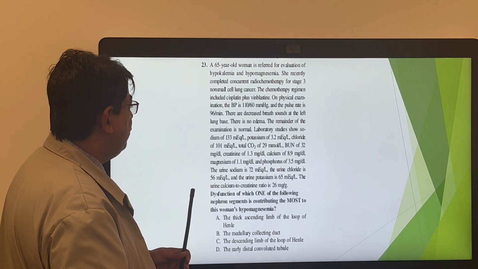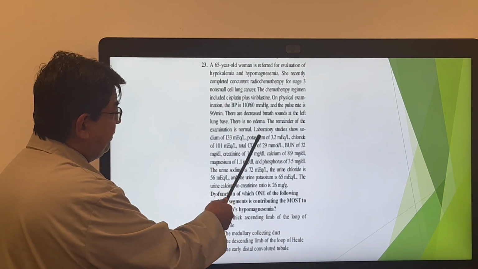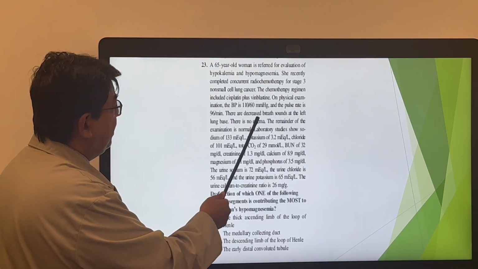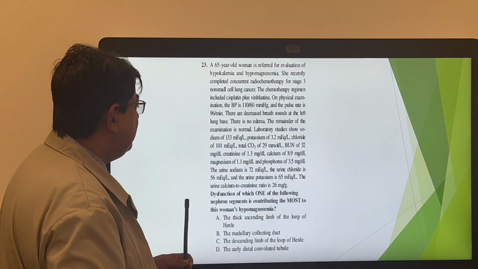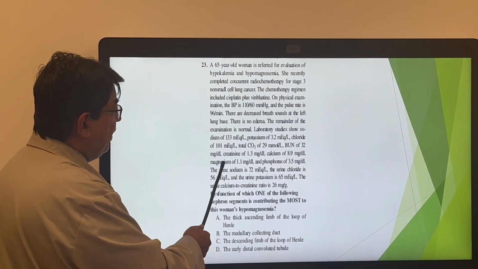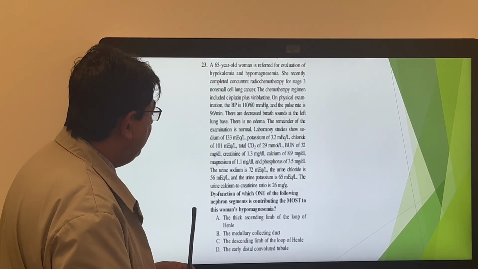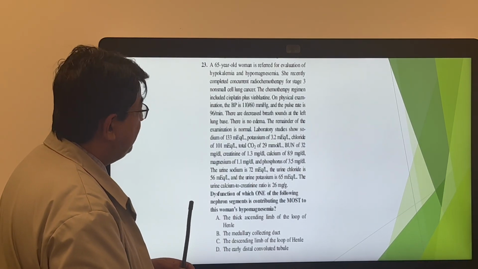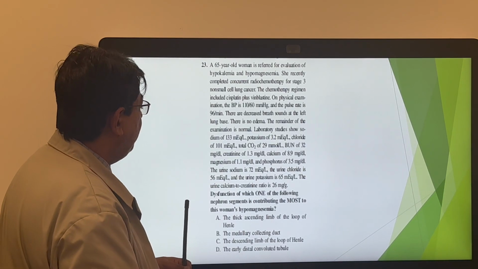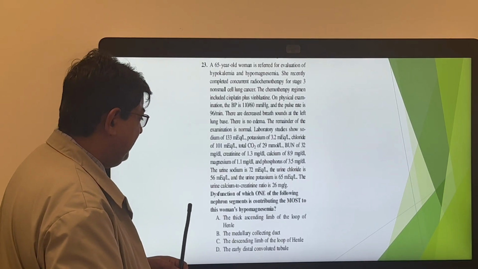Laboratory studies show sodium 133, potassium 3.2, chloride 101, bicarb 29, BUN 32, creatinine 1.3 milligram per deciliter, calcium 8.9, magnesium 1.1, phosphorus 3.5, urine sodium is 72 milliequivalents per liter, urine chloride is 56, urine potassium is 65, and the urine calcium to creatinine ratio is 26.